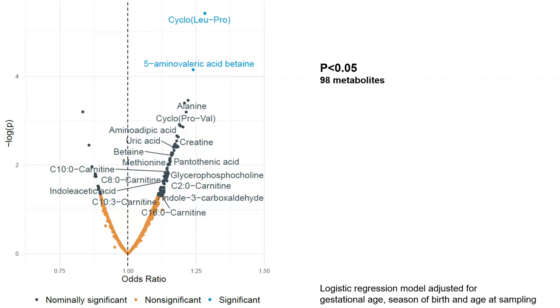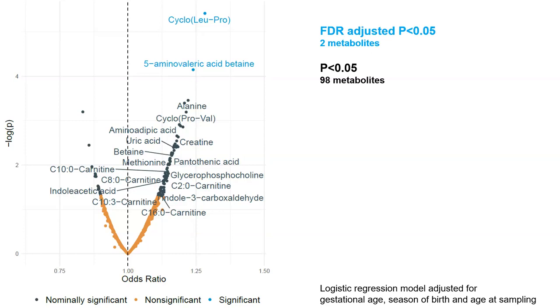We also saw quite a bunch of metabolites that are produced by the gut microbiome. For example, these indoles that come from the tryptophan metabolism produced by the gut microbiome. The majority of these metabolites were associated with an increased risk of autism.